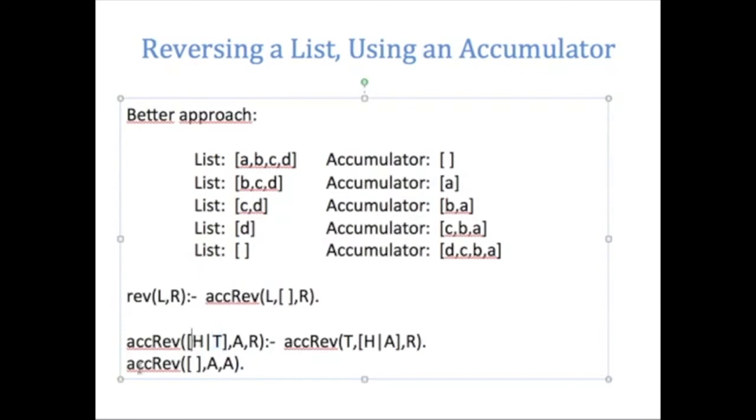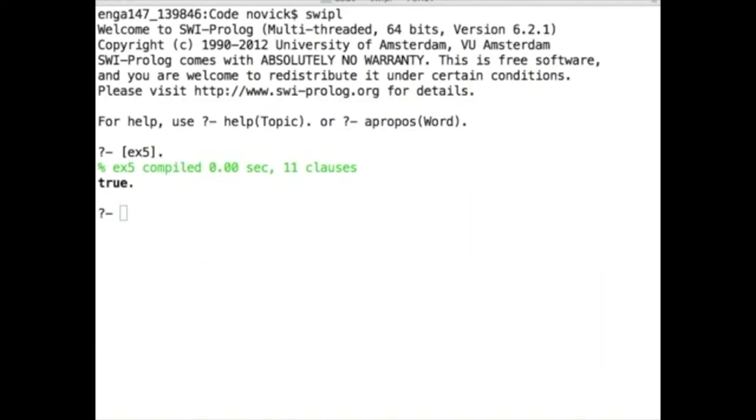Eventually, we'll strip off all the heads of the list, every element of the list, and we'll reach the base case, which is here, which says that when the original list is empty, what that means is we've popped the elements off of this list, pushed them onto this list, and thereby reversed it. So the accumulator has the reverse list. So if we unify the accumulator with R, then R will now be the reverse list.